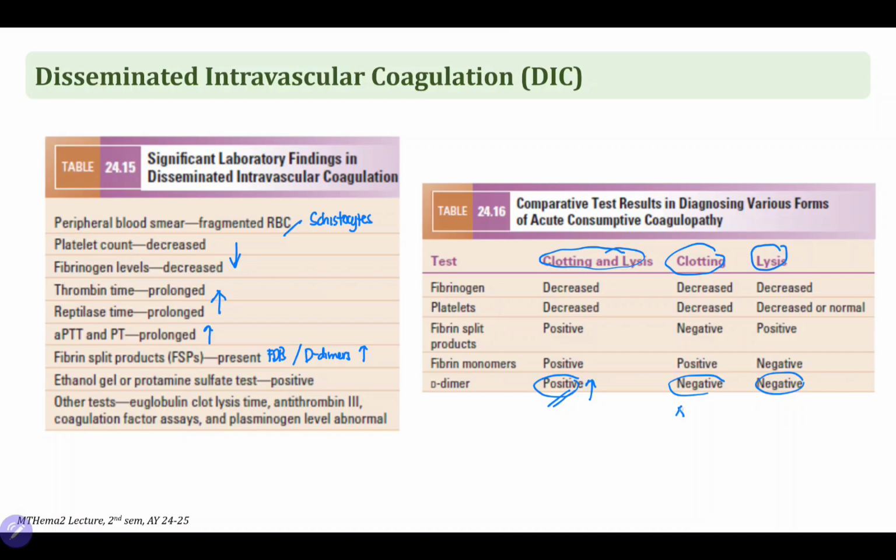So, walang na-form na FDPs at saka D-dimers. And then in the lysis, it's also negative kasi your coag factors are consumed. However, you are not able to form your fibrin or your clot formation. So, wala din siyang nalalyze na FDPs and D-dimers.